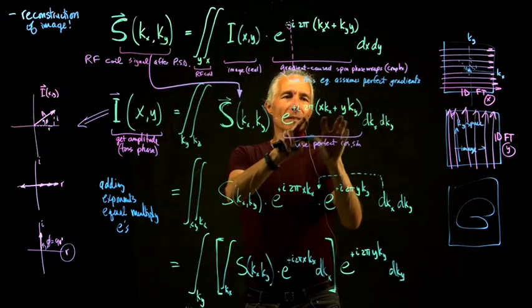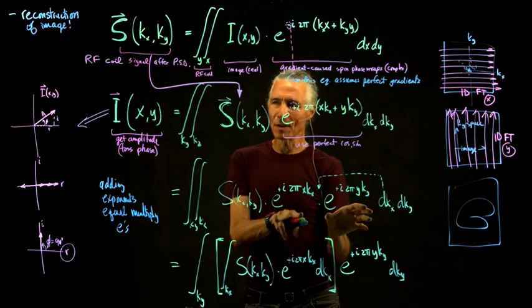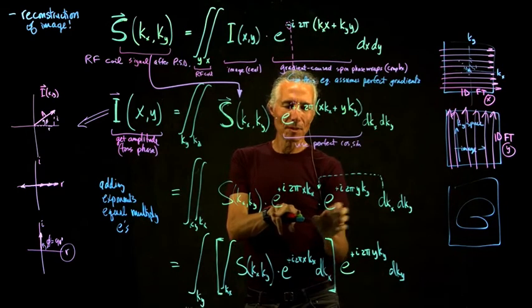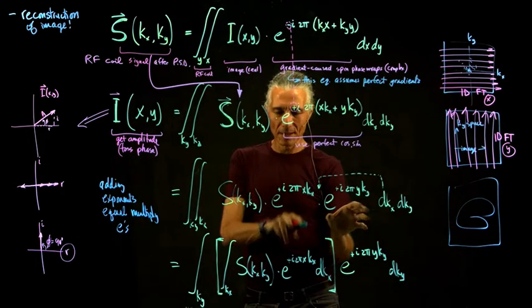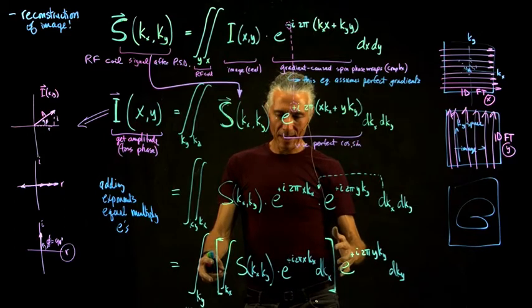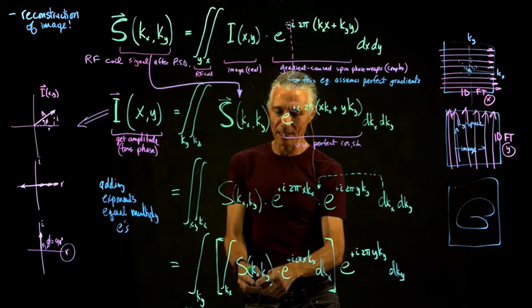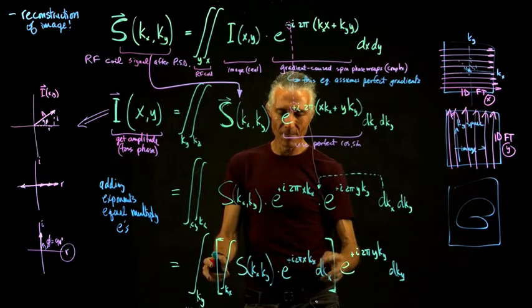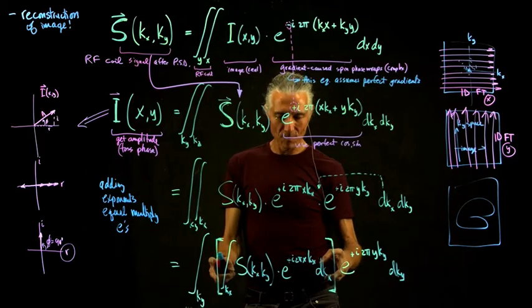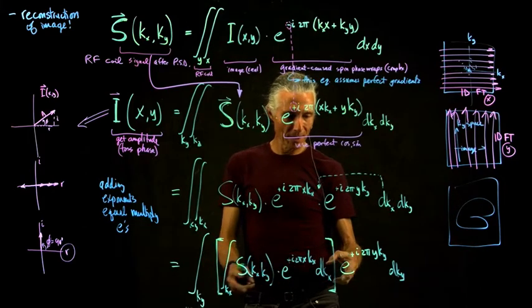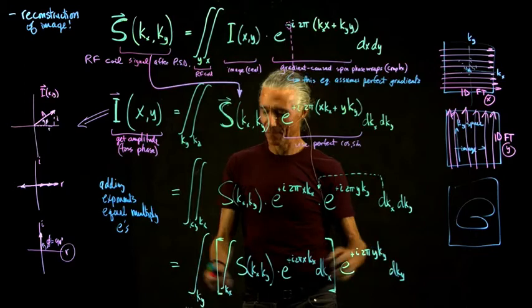We just took this sum of exponents, turned it into multiplying two e's times each other, and then we recognized that's just a 1D Fourier transform on this 2D data, and then the result we get, we just insert into the equation and do another 1D Fourier transform on it.